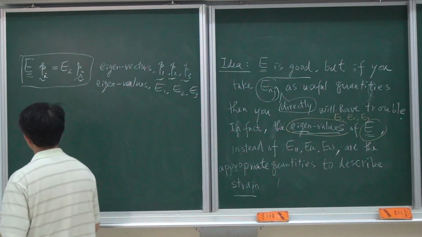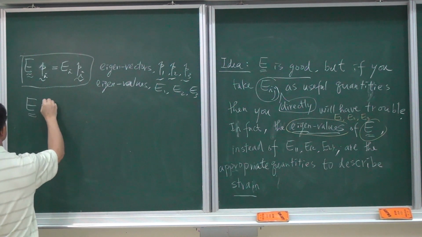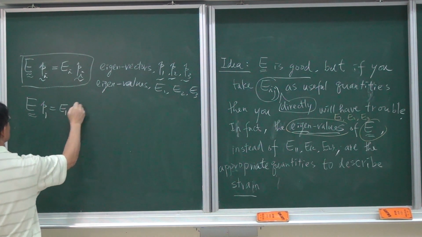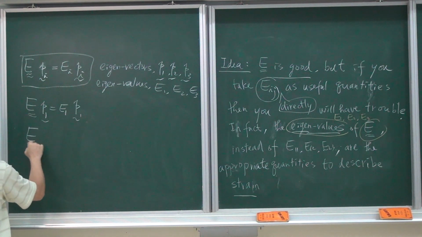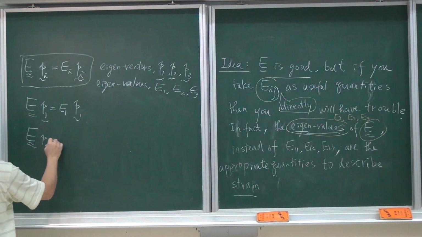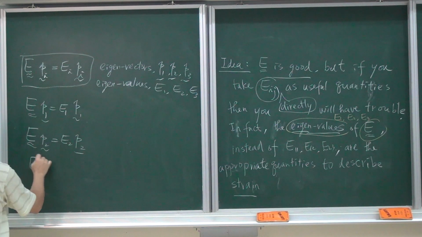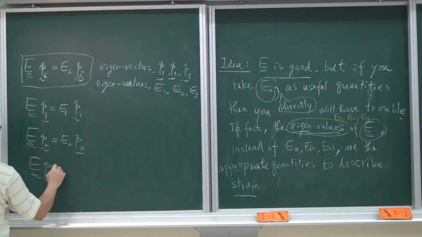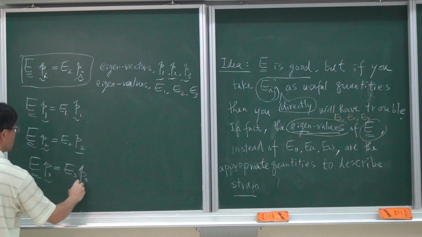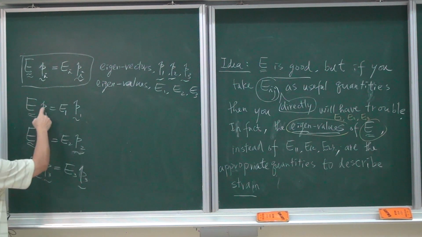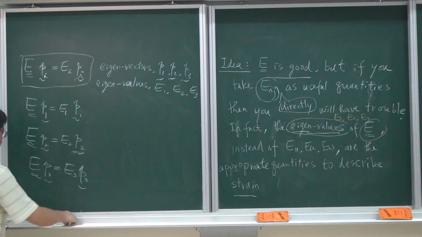What does it mean? Let us show you. This is the eigenvector, and these are eigenvalues. They are scalars.